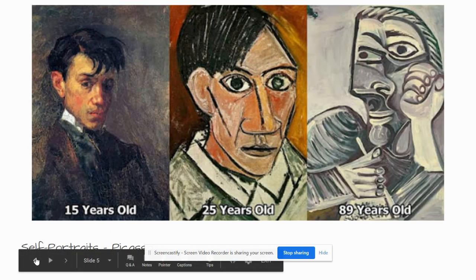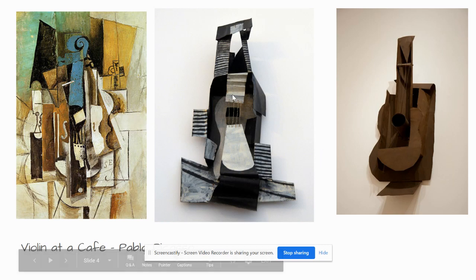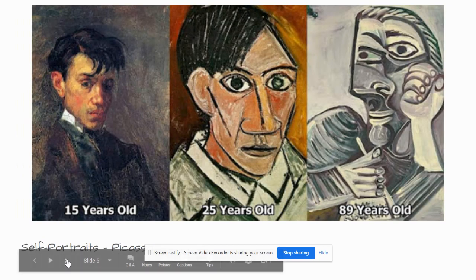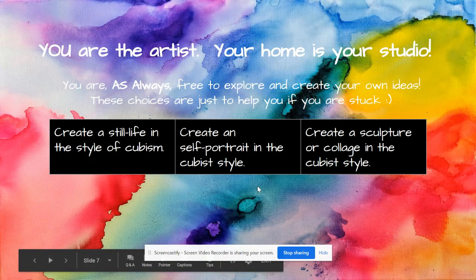Or doing like we saw here, you could use pieces of cardboard from around your house to create a sculpture, leftover paper towel or toilet paper tubes, tissue boxes, cut up cereal boxes, what have you. Try to glue them together and create, doesn't have to be obviously a guitar, but some other sort of sculpture in a cubist way. But again, these are just suggestions. If you have your own ideas of what you would like to try and experiment, that is always welcome. I love seeing what you guys come up with.